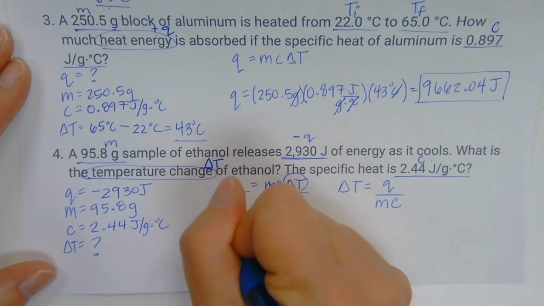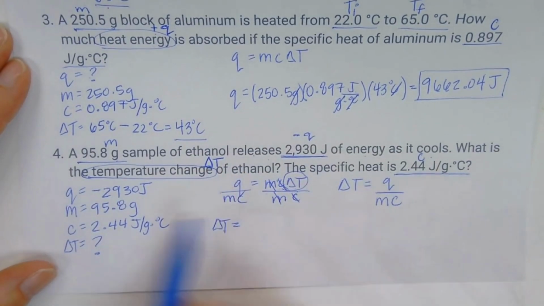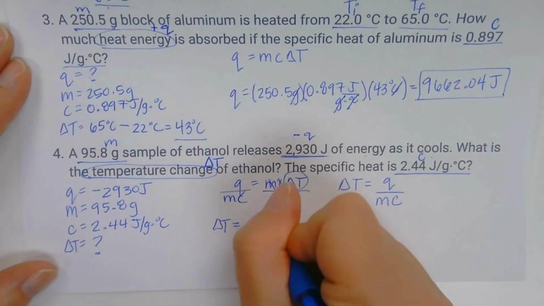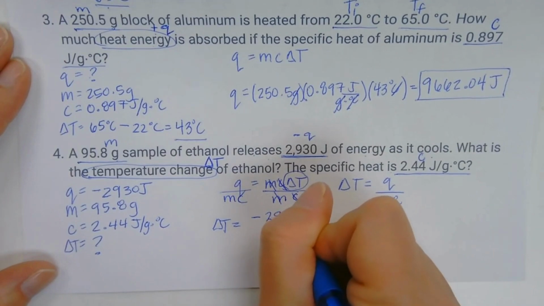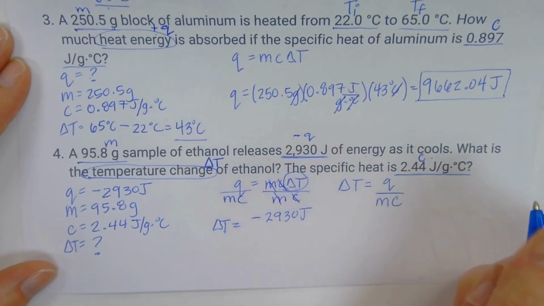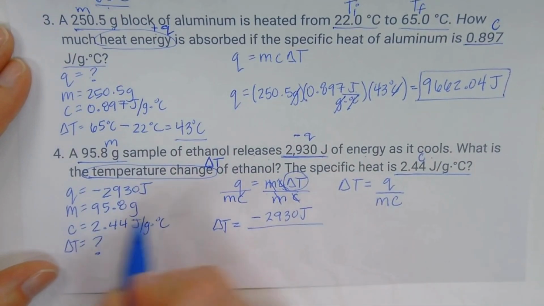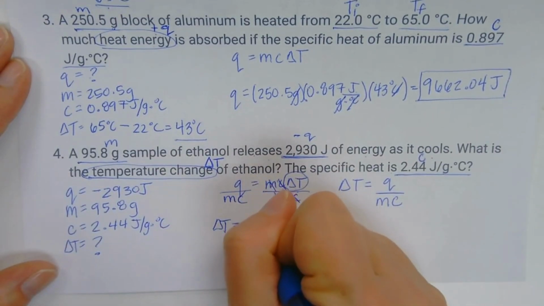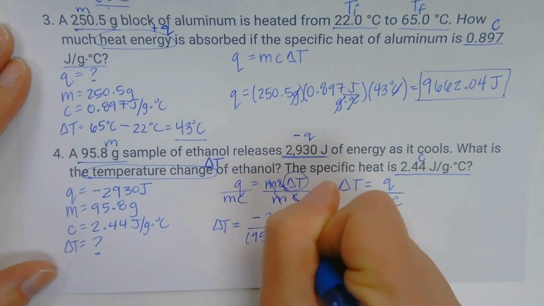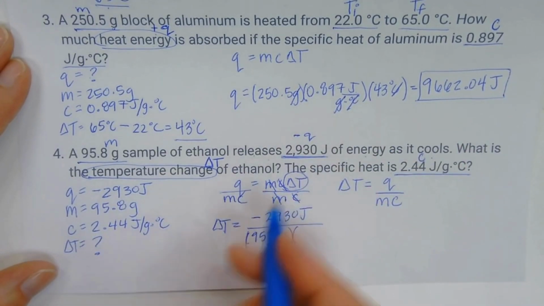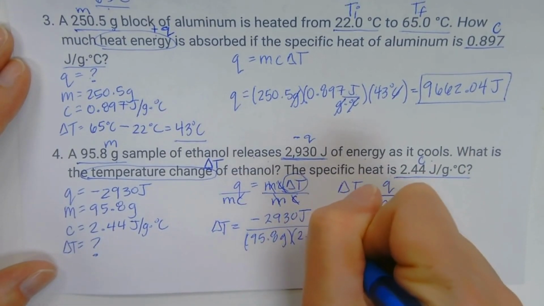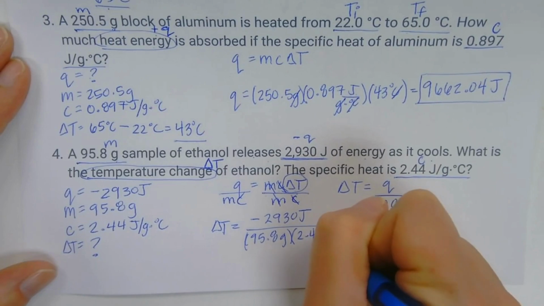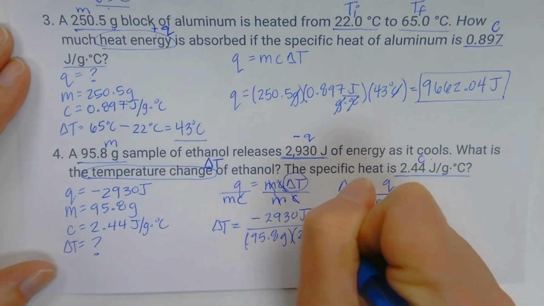So delta T, our change in temperature, equals our Q, which is a negative 2,930 joules, divided by the mass, which is 95.8 grams, and specific heat, 2.44 joules over grams times degrees Celsius.